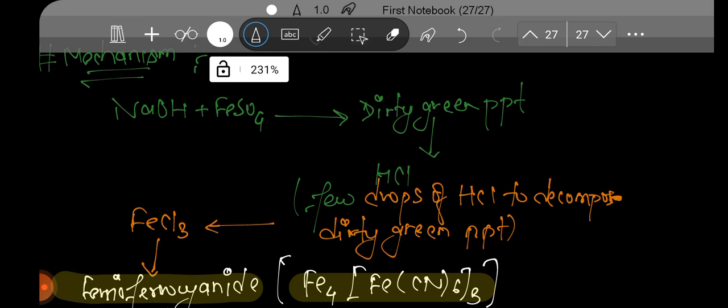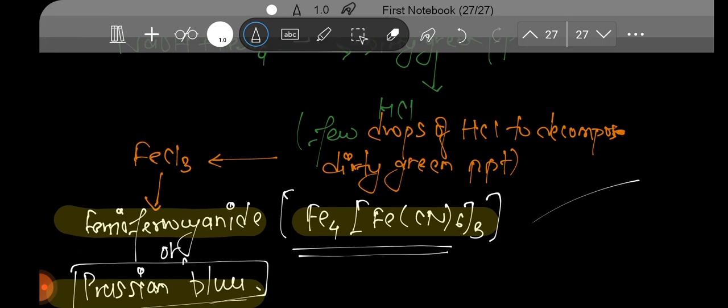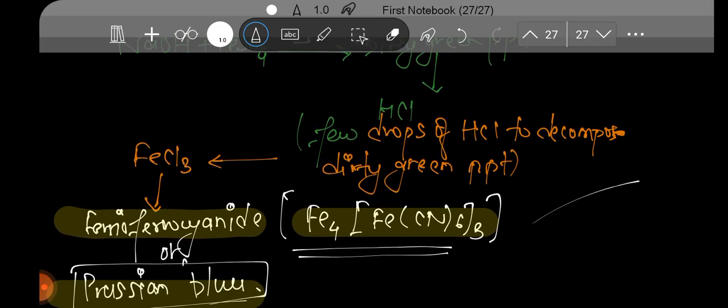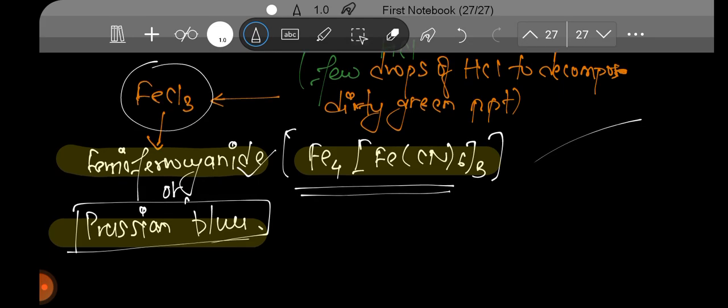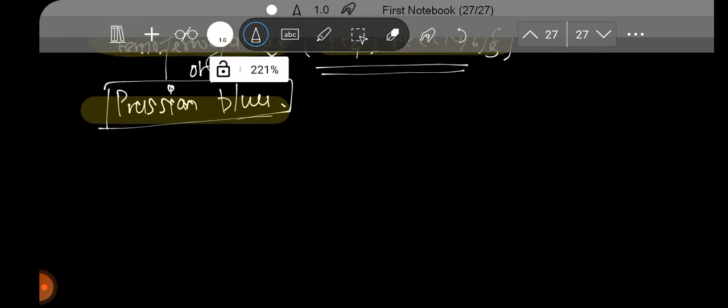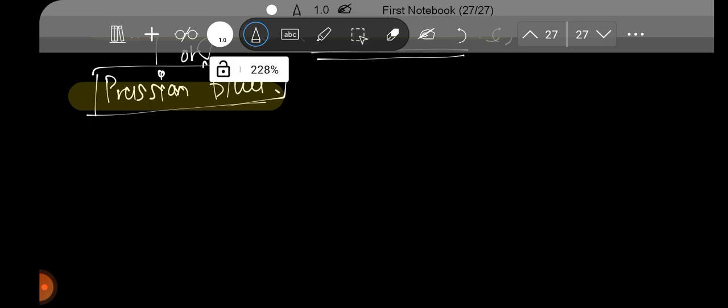First we take NaOH and FeSO4 in a test tube, which gives a dirty green precipitate on boiling or heating, and when we add HCl, this dirty green precipitate dissolves. Then we add FeCl3 to it. Let's see the reactions involved here.